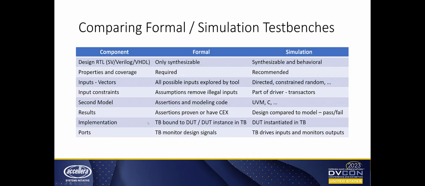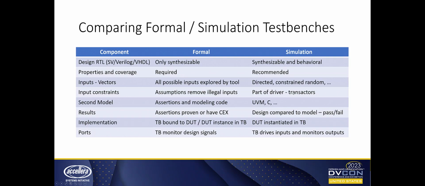If you compare formal and simulation test benches, formal will synthesize your design, so you need synthesizable RTL. Simulation, of course, can have behavioral models. Property checking needs properties, so that's required and highly recommended in simulation as well. Formal explores the full input state space, whereas simulation is going to drive specific vectors. Formal can make use of assumptions to limit the state space that's being analyzed, so get rid of the illegal state space.